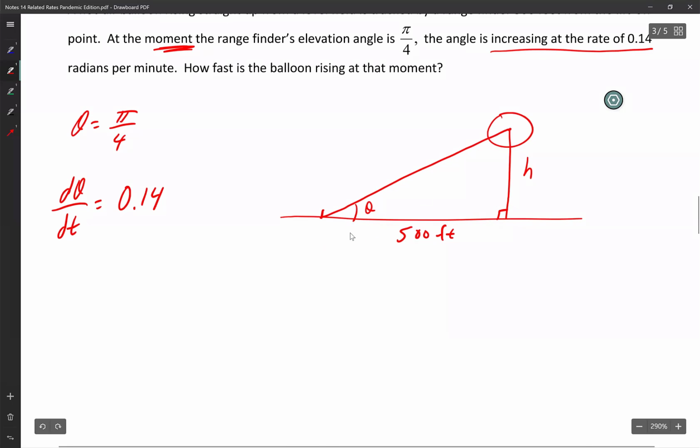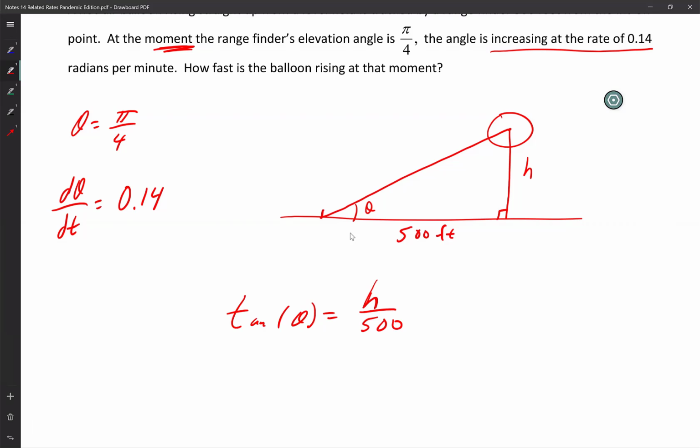So here's what we got to do. We got to figure out a relationship between the angle, between h, and between 500. Is there a trig identity? Yeah, which one? Tan. So we're going to write tan of that angle is equal to h over 500.